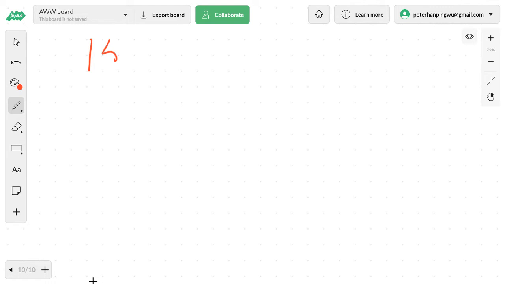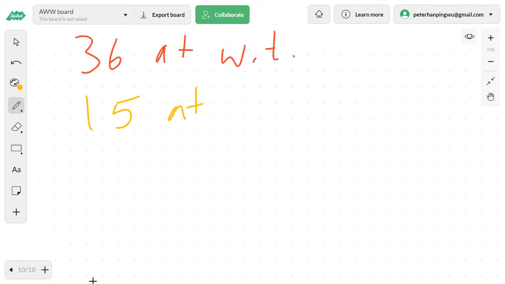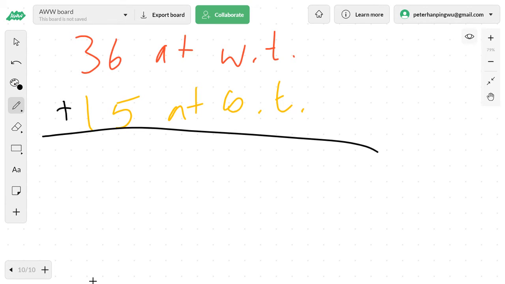So 36 at water tables and 15 at banana tables. And we just need to write these as a fraction. Our fraction is supposed to be what fraction of the group of students is working at water tables. So we have to know how many students there are total. So we're just going to add them up.